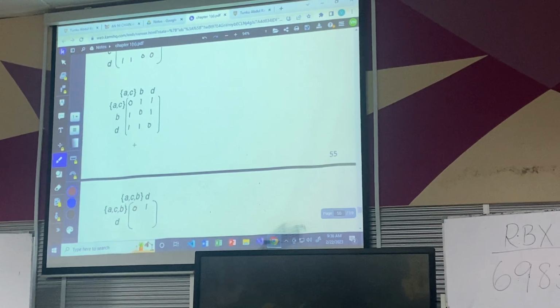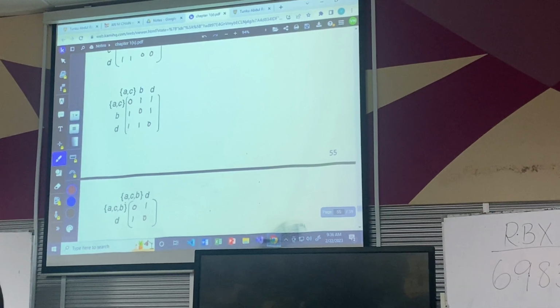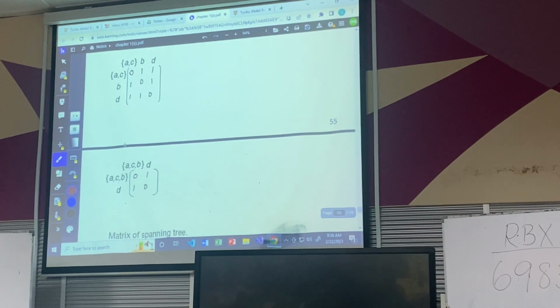Under row D, you have AC combined with B, so 1 or 1 is 1. D to D is 0. Now the last step is to combine ACB with D, so we only have one vertex left, which is A, C, B, and D.